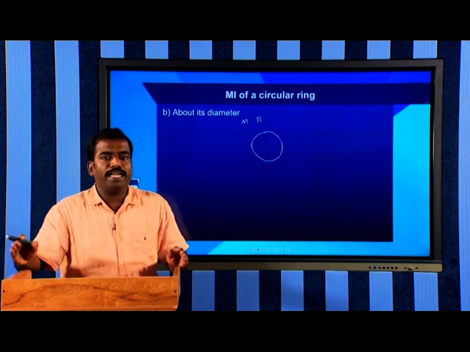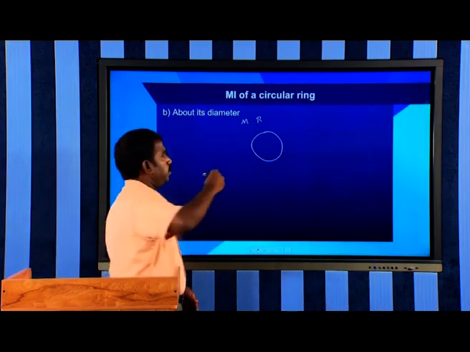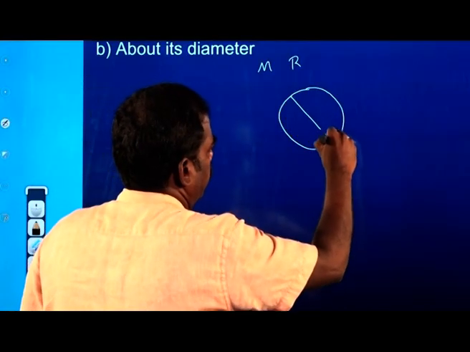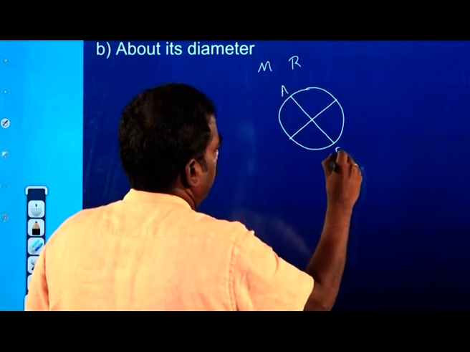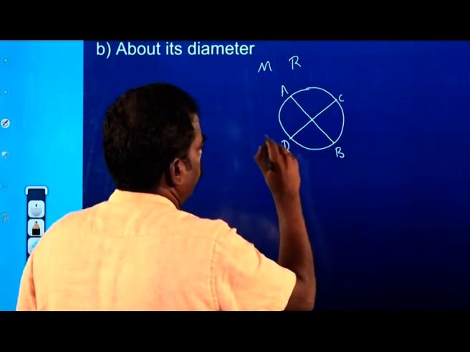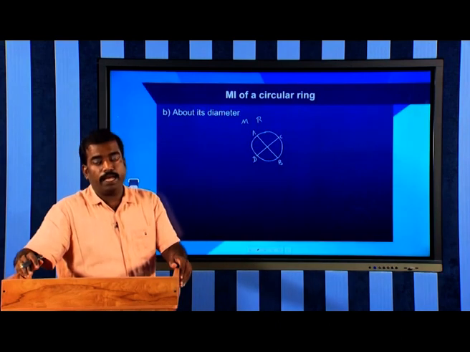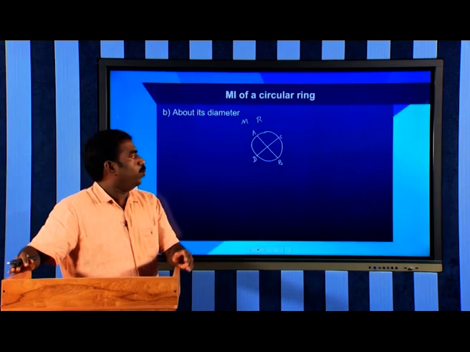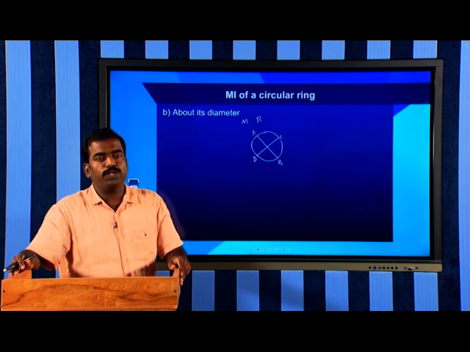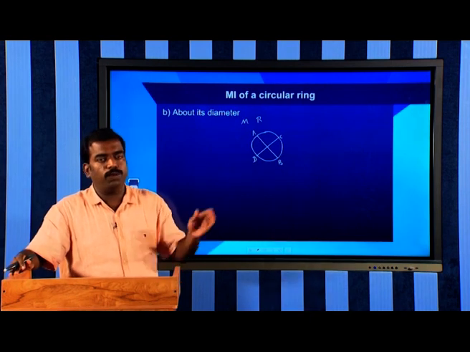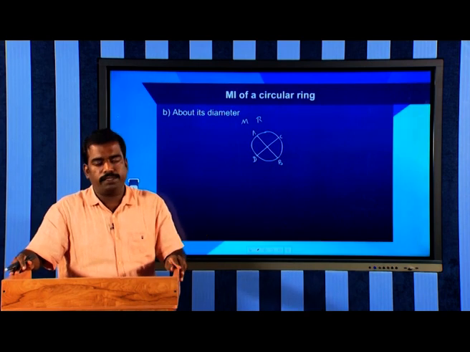Here we are considering two such diameters AB and CD, which are mutually perpendicular to each other, and we need to find the moment of inertia of the ring about one of the diameters.